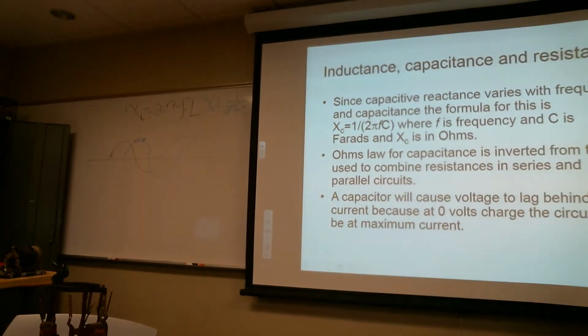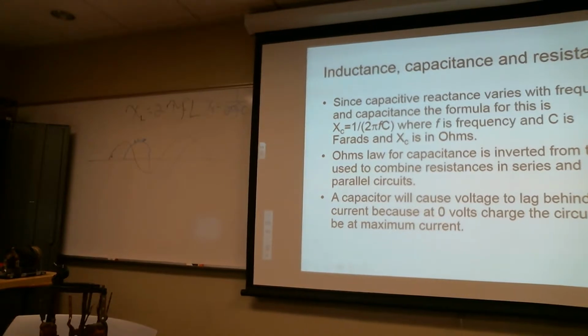Okay, and a farad is a lot of capacitance as capacitance goes. So that means as the amount of capacitance goes up, the total imposition to current flow is going to go down. And as the frequency goes up, the total imposition to current flow is going to go down. Right? So that's now modeling the behavior we want.